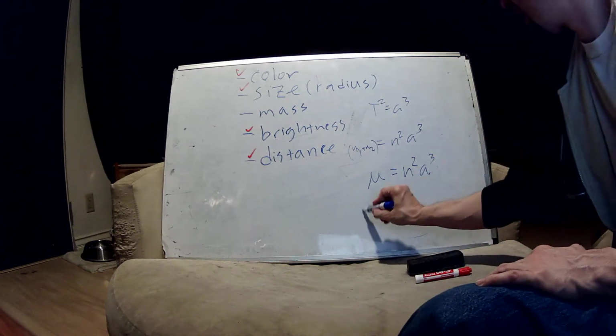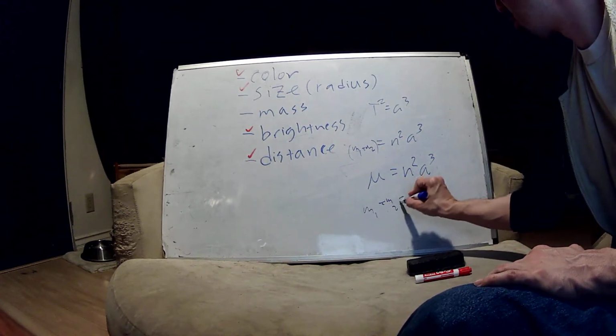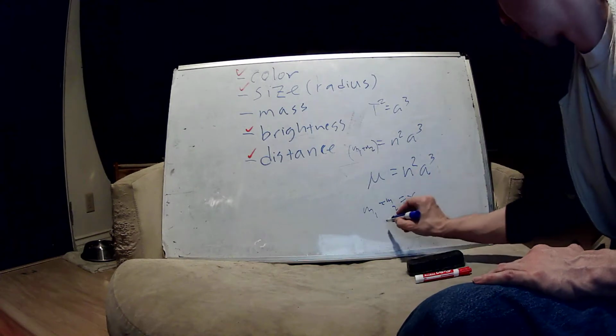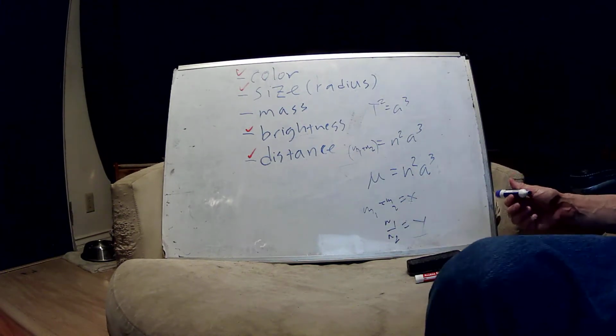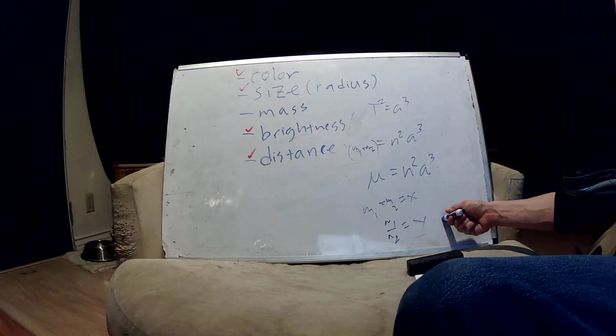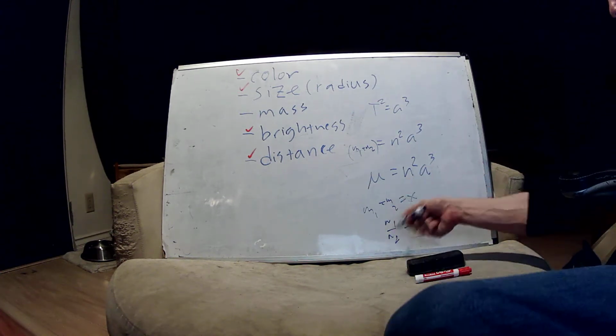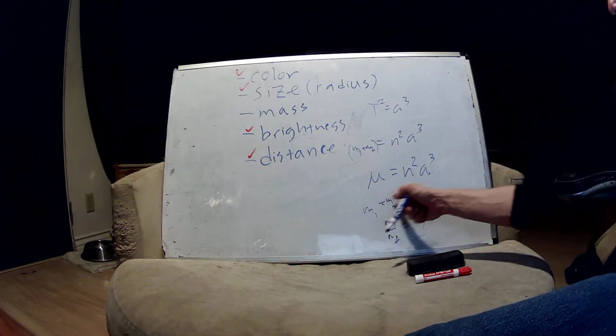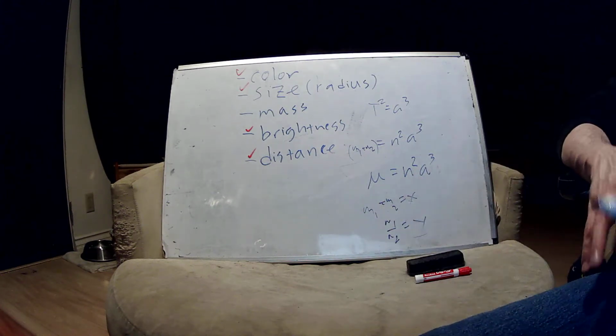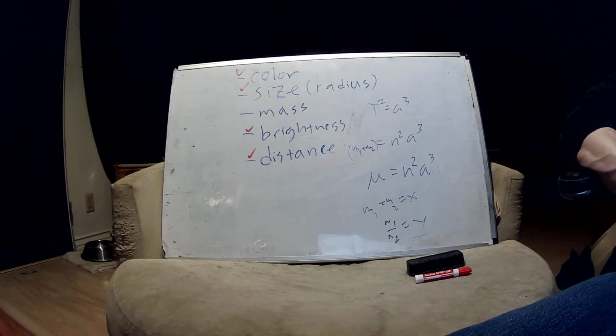So we know m1 plus m2 is equal to x, but we also know that m1 divided by m2 is equal to y. And we know what x and y are, and so we just have to do a simple kind of substitution deal, and we can solve for these two masses, m1 and m2.